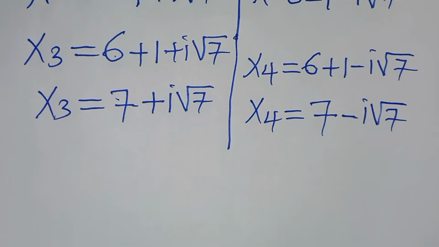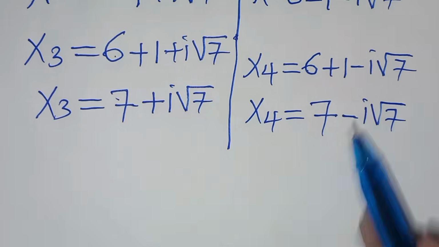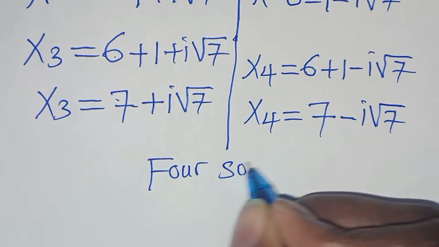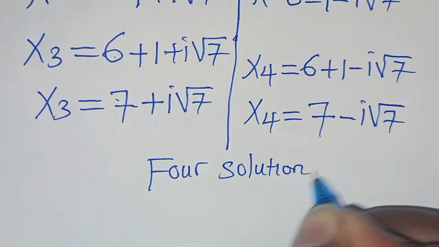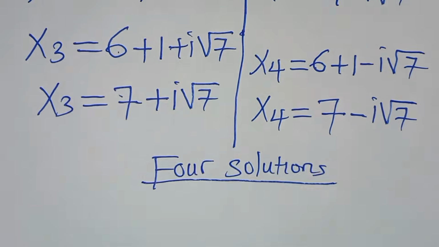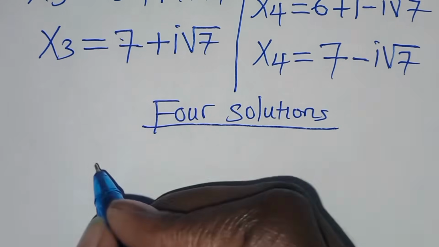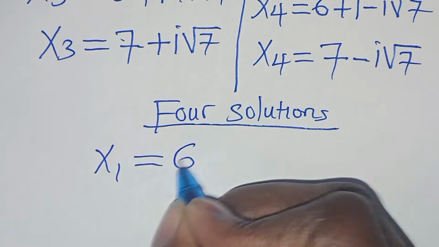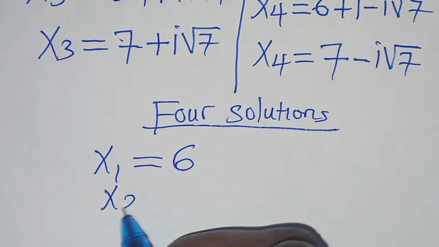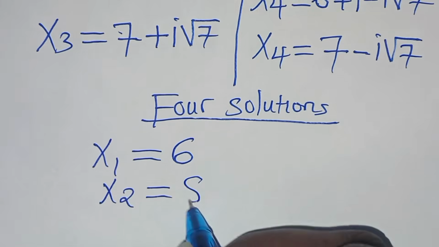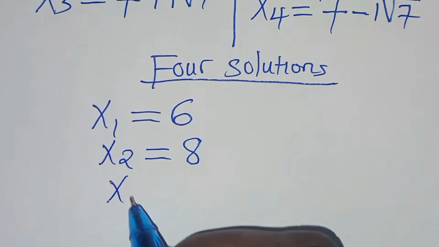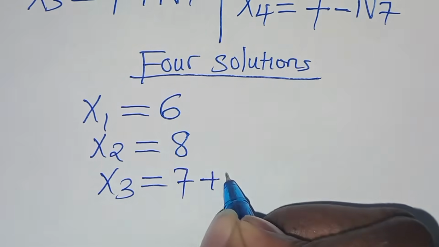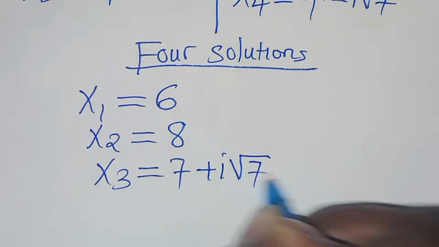So this implies that this algebra problem has 4 solutions. We have that x1 is equal to 6. We have that x2 is equal to 8. And we have that x3 is equal to 7 plus i square root of 7.